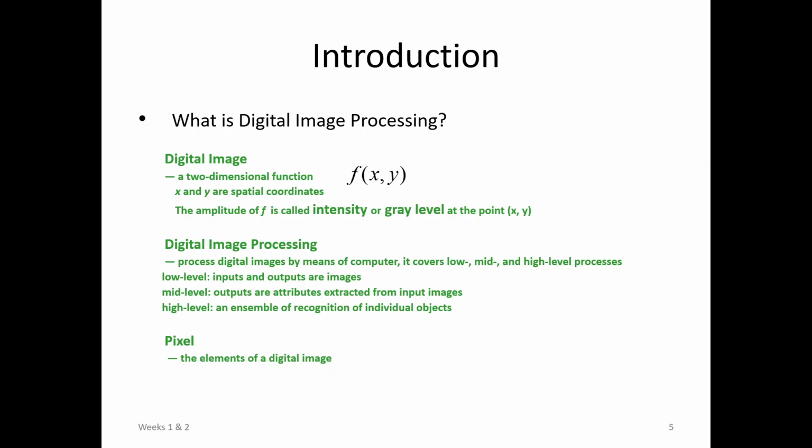A digital image can generally be represented in two ways. The first way is the continuous form.